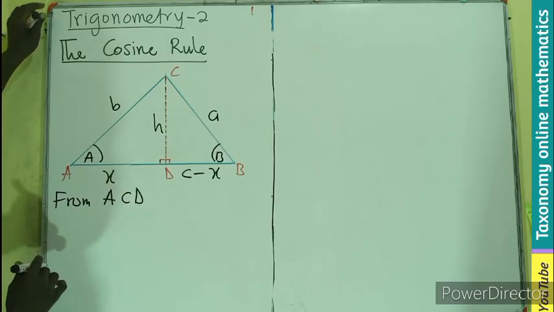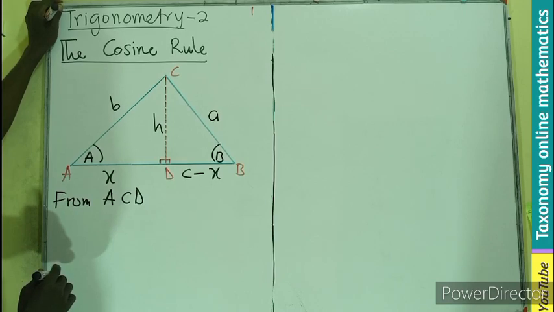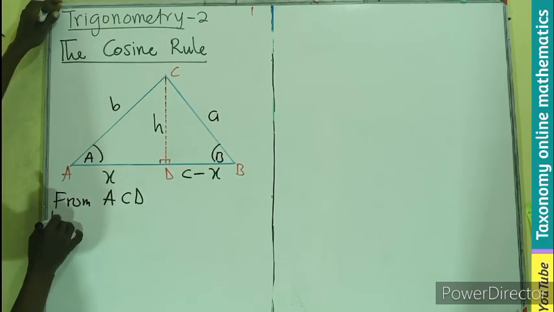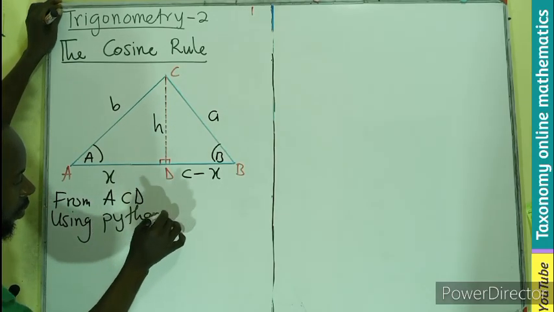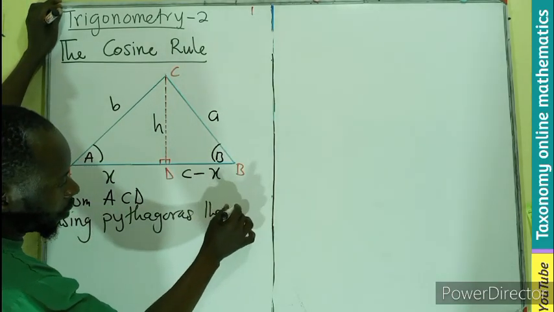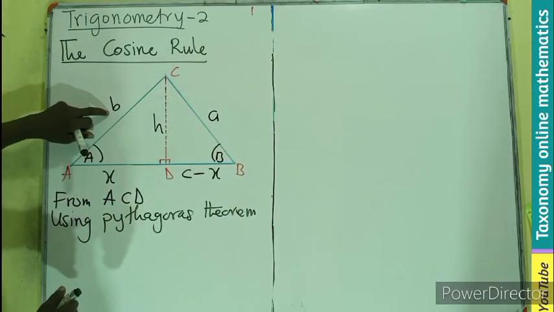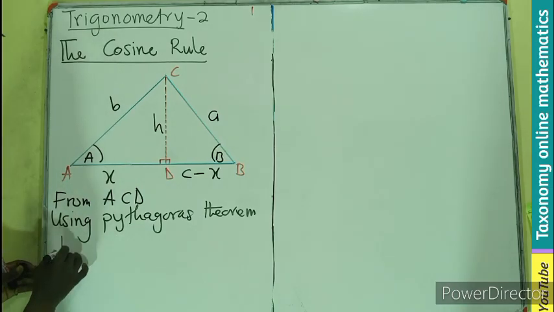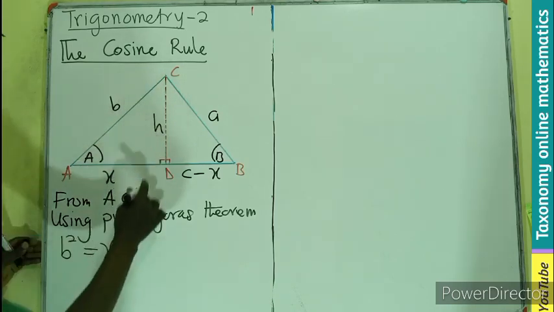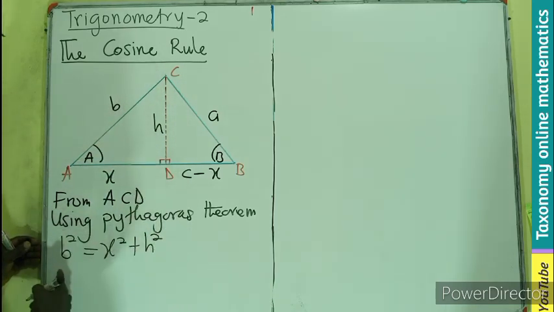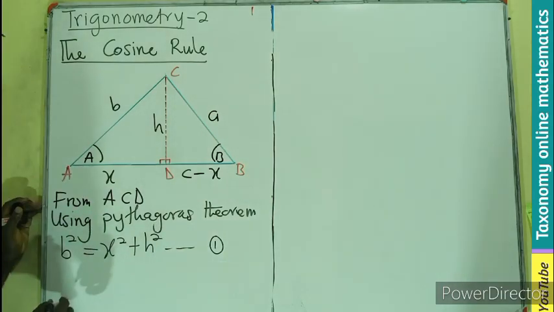Using Pythagoras theorem, this is going to be the hypotenuse, which we know is the longest side. So b square will be equal to the sum of the squares of the two shorter sides, x square plus h square. Let's label that equation 1.